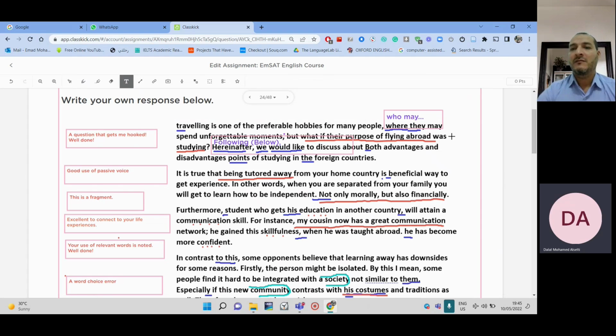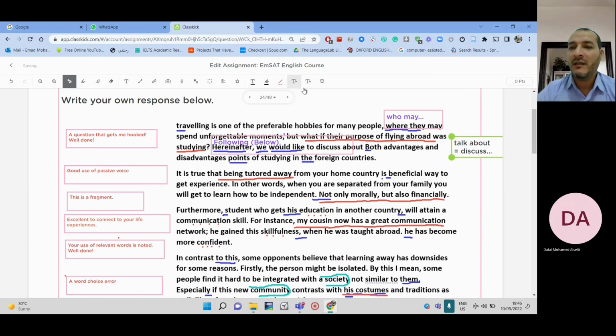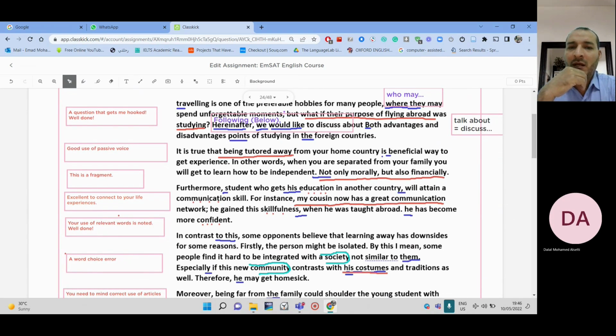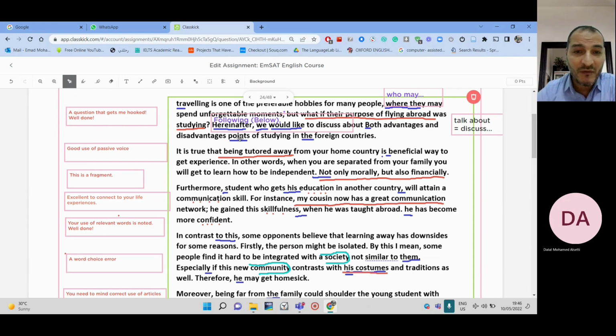Well, let me write here. Yeah, please write. Means discuss. Okay. Below, I will discuss both advantages and disadvantages, points of studying in the foreign countries. Well, you just say advantages and disadvantages without points, because advantages and disadvantages are nouns. So we can't use two nouns following each other.